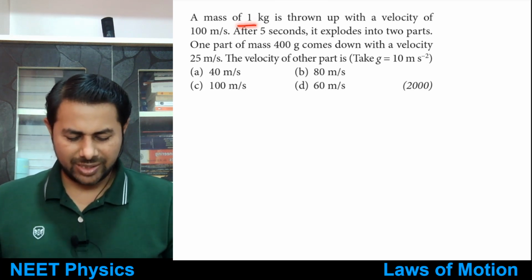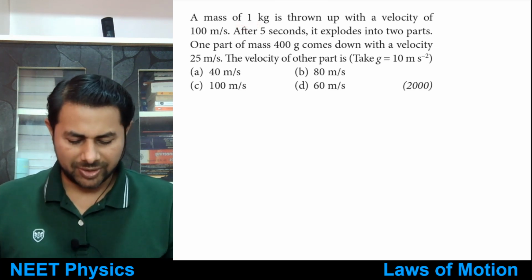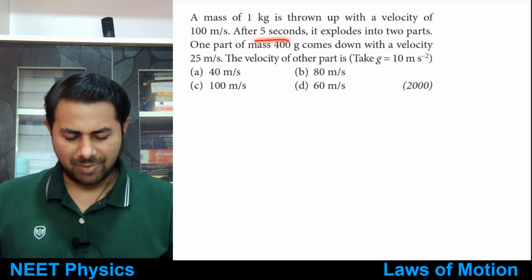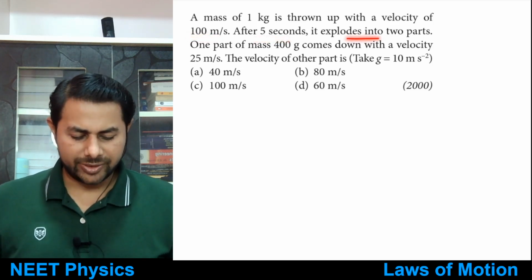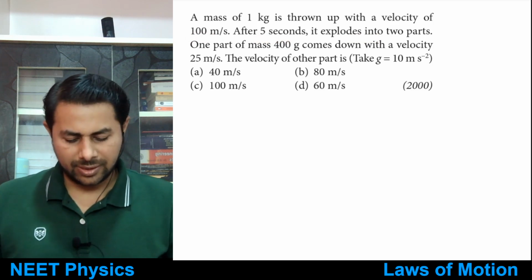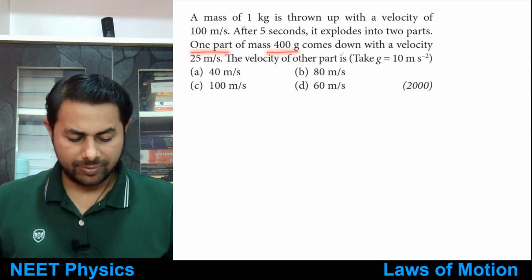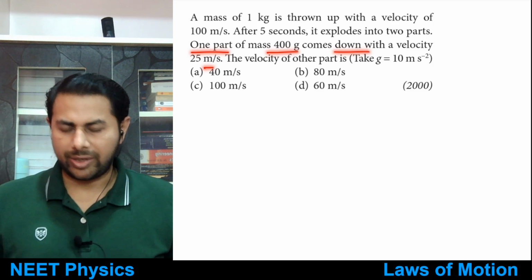A mass of 1 kg is thrown up with a velocity of 100 meters per second. After 5 seconds, it explodes into 2 parts. One part of mass 400 gram comes down with a velocity of 25 meters per second.